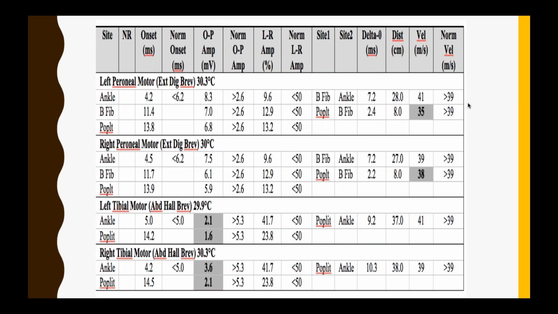The tibial motor had markedly reduced amplitudes. So we had reduced amplitudes of the bilateral tibial motor, this time with no evidence of slowing. So there could be some possible axonal involvement here as well of the lower extremity motor nerves.